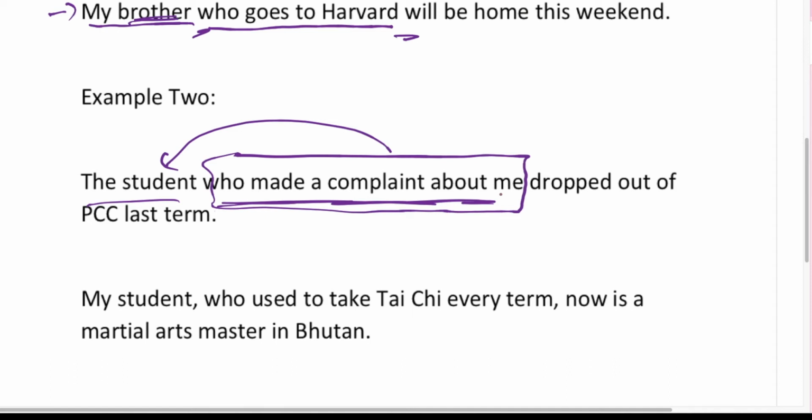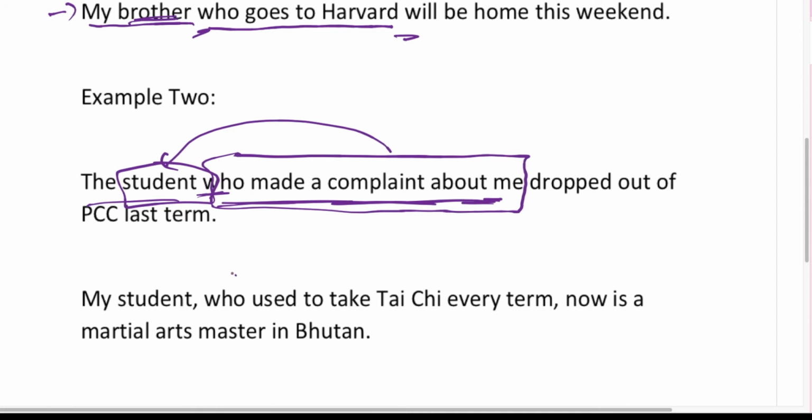And I've talked about that student before, and so you're like, oh, that student. So that student, and because I'm just narrowing it down to that one student, no commas. Same thing as when I want you to think about the one brother who went to Harvard.